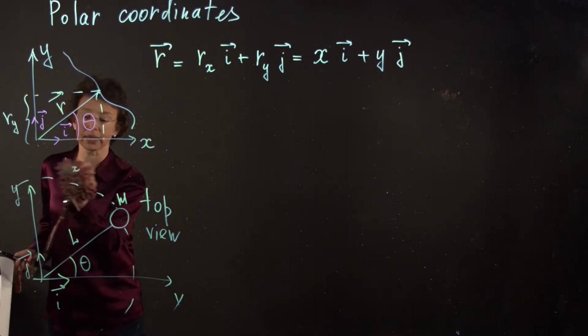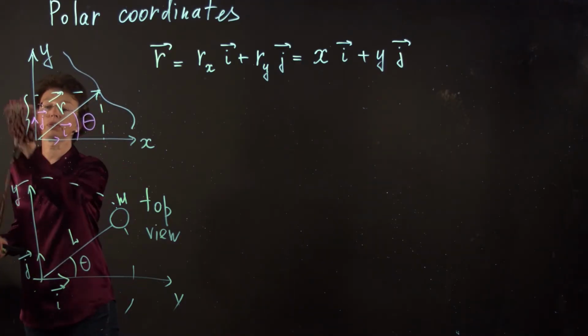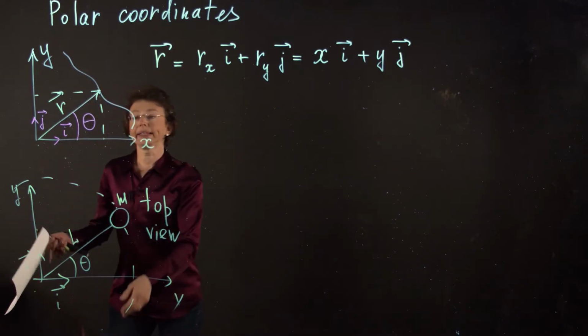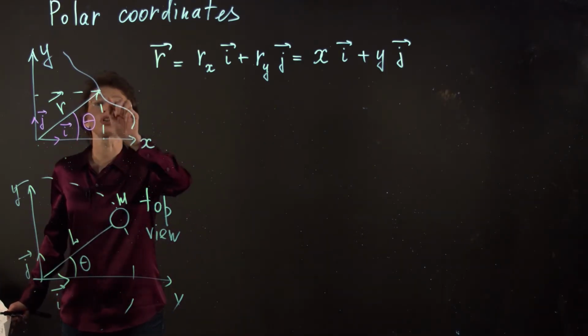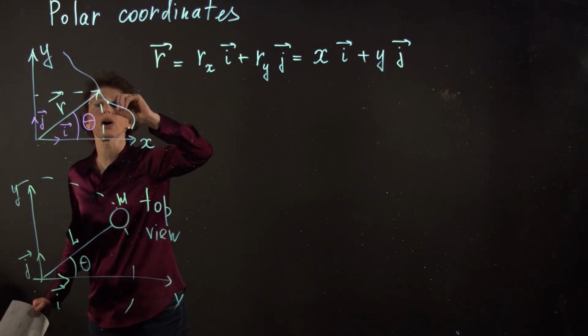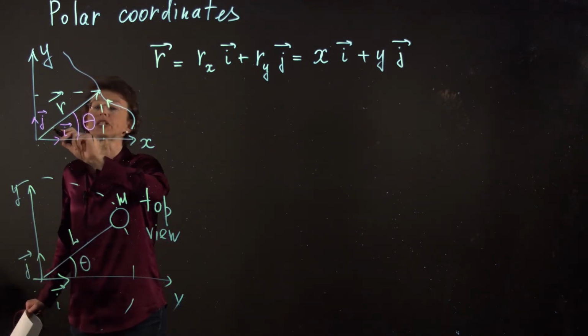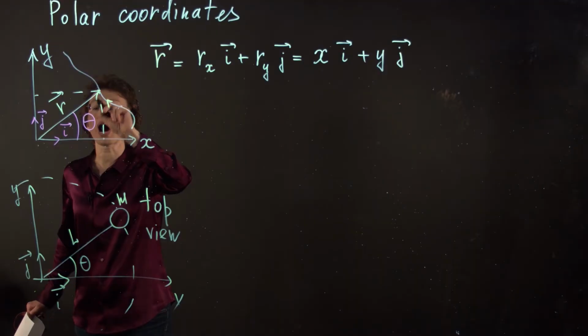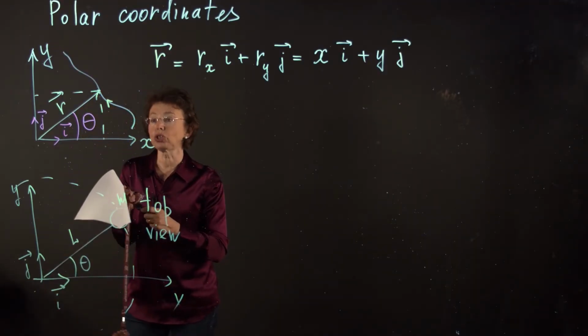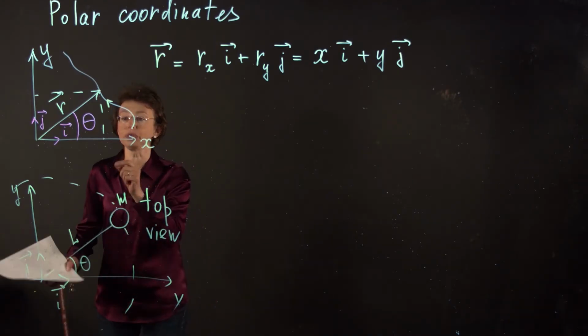So what I will do next, I will erase the information that we don't need anymore. So I will erase this rx, I will erase ry, and I will describe the motion of the object along this trajectory. So that's how my object is moving. I will describe it in terms of r and theta. And to do that, I need now to introduce new unit vectors.